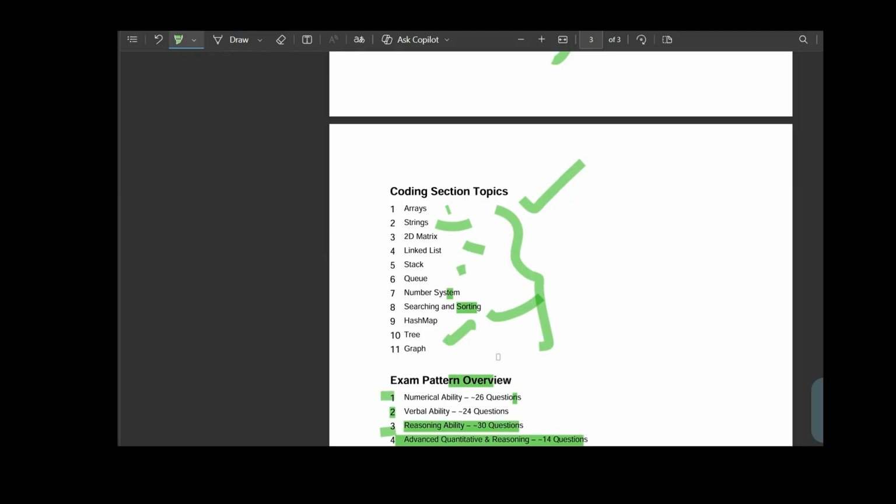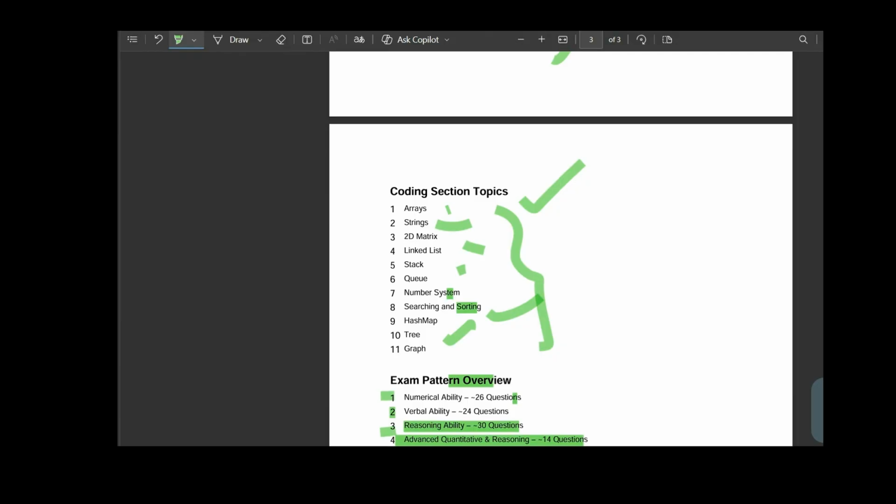These questions are designed to test your ability to write efficient code, apply logical thinking, and solve problems effectively. I just want to say consistent practice will help you improve speed, accuracy, and problem solving ability.